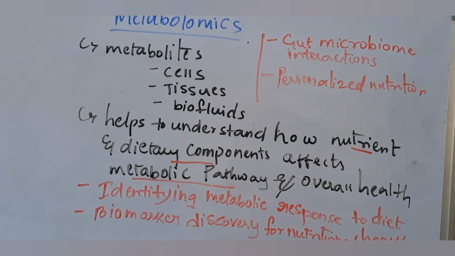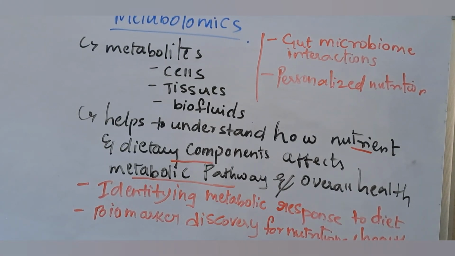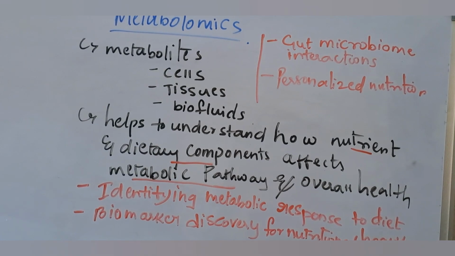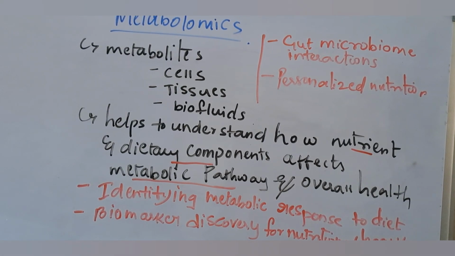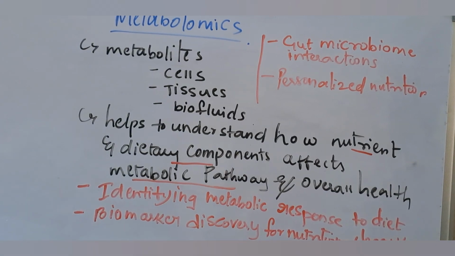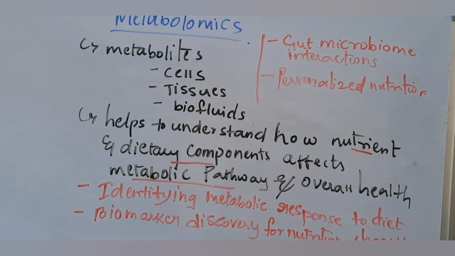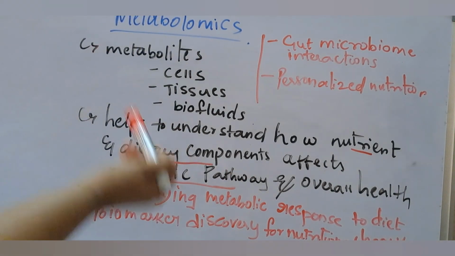Because every individual has their own genetic variation by which they respond in different ways. So how it responds is due to the metabolic pathways or metabolites present in every individual. So that's why it shows how your metabolism responds in your body, and to the overall health of your body. That's why it helps to identify the metabolic responses to your diet.